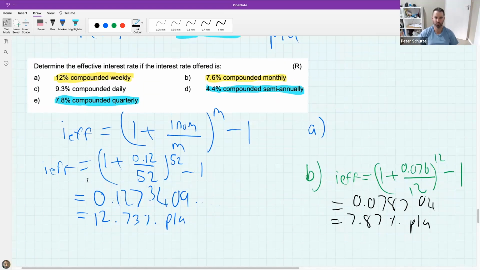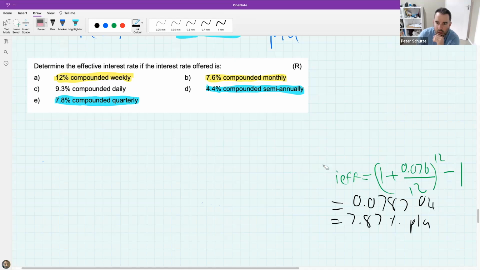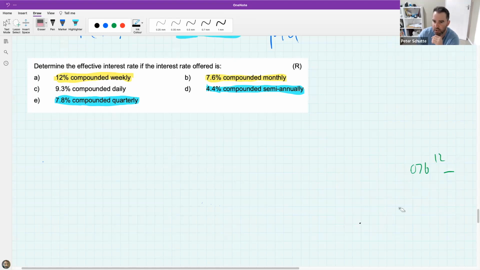Okay, so we're doing D and we're doing E to get effective interest rates. So for semi-annually, what you do is you write 2 because it's twice a year. Because if you think about it, monthly is 12, quarterly is 4, semi-annually is twice a year.